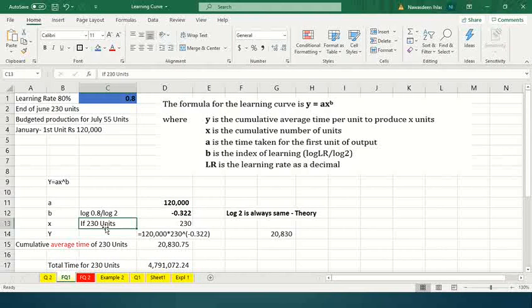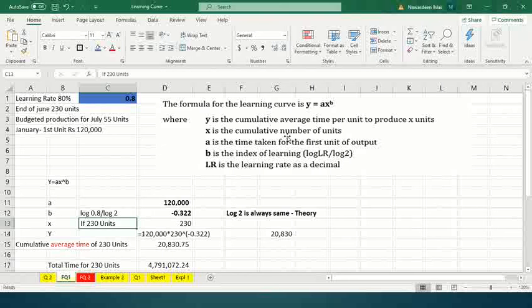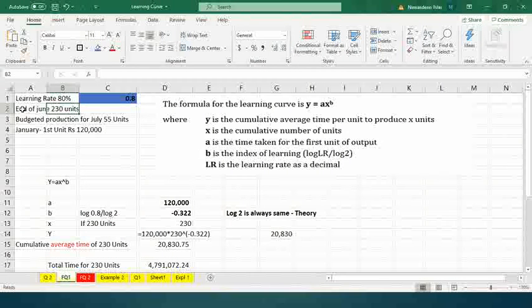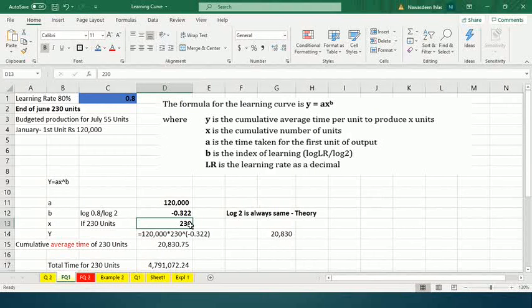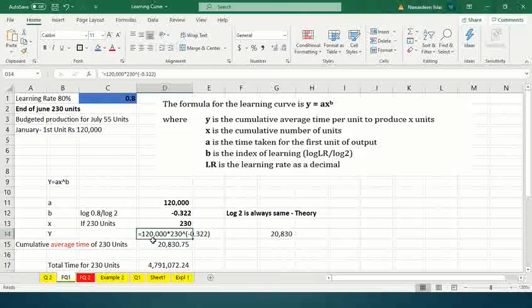Let's take the first scenario. If our cumulative output x is 230, what will happen? We can apply the formula.